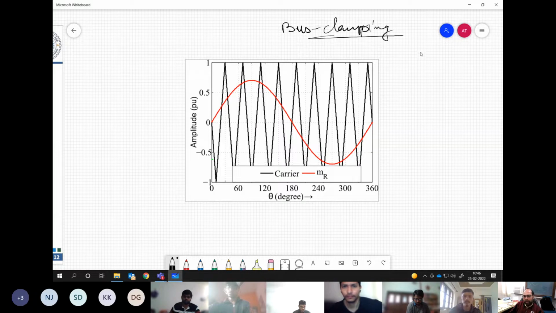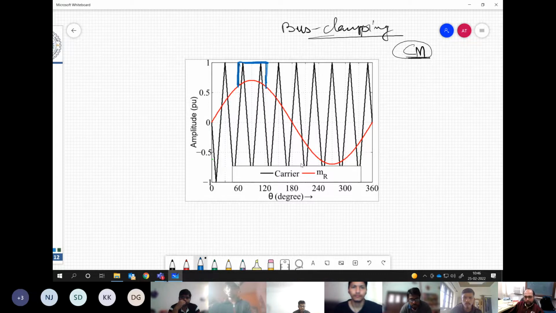is that again you add a common mode such that now all the things are happening with respect to a different common mode. Now you add a common mode such that we do not have any comparison in this 60-degree interval, say from here to here, which means this gets clamped to this peak value.